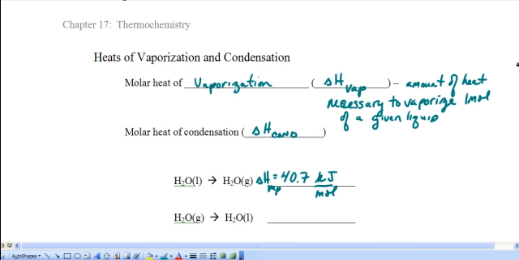Or then the opposite, if you're going to condense steam back into water, you're going to have to remove heat from it to get it back into the liquid phase, and it's going to require that you remove 40.7 kilojoules per mole of steam. So once again, they're opposite processes.